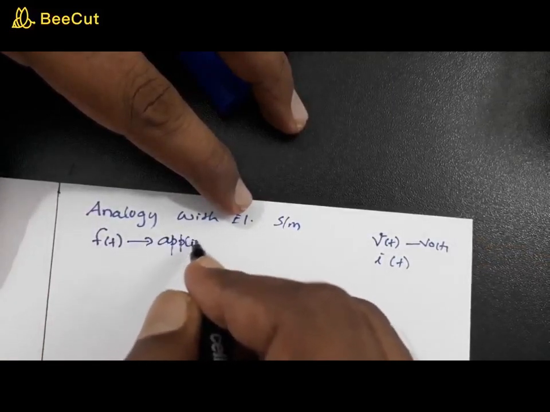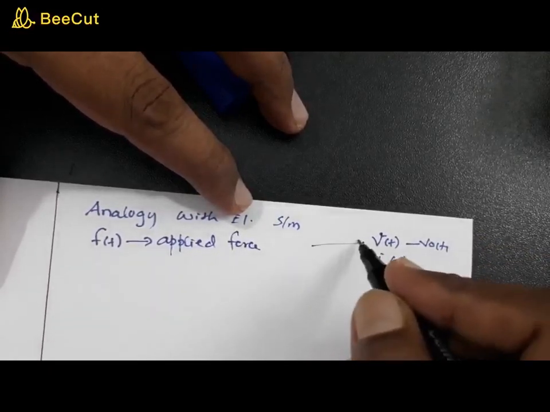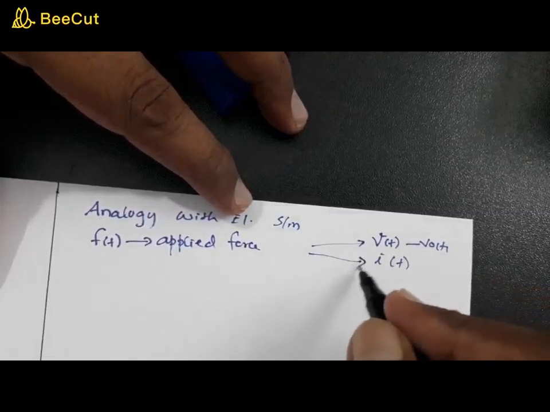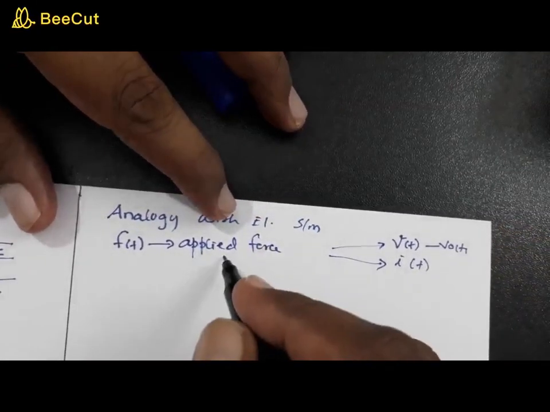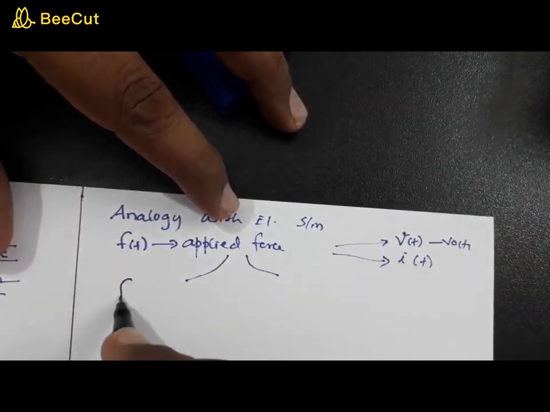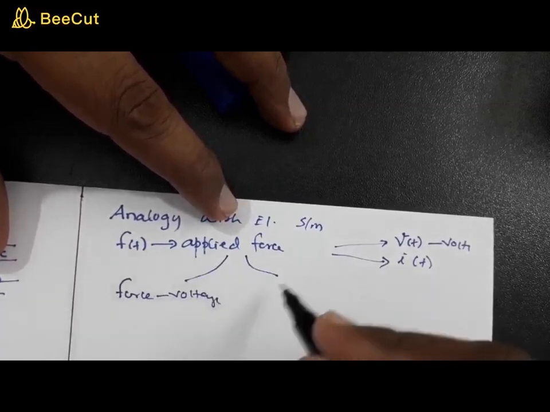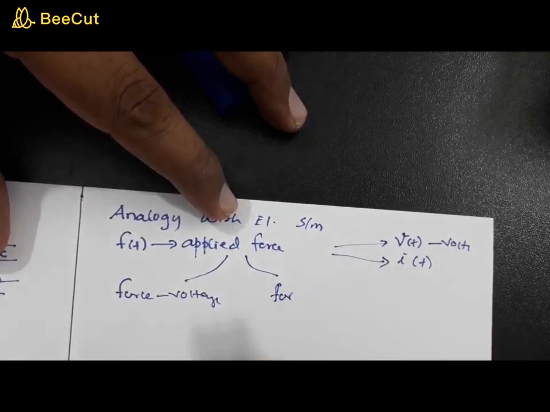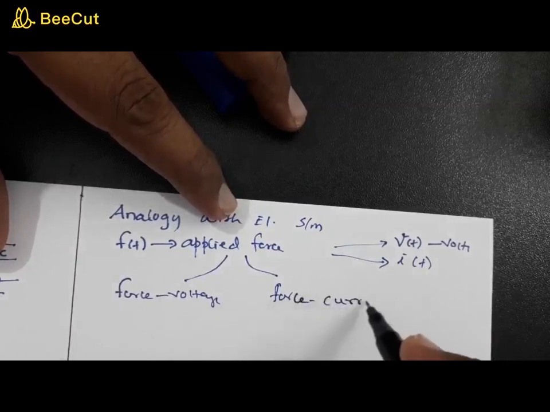So you can say that this applied force can be equivalent to either voltage or current in an electrical system. That means you can have two types of analogy with the electrical system: the force to voltage analogy and the force to current analogy.